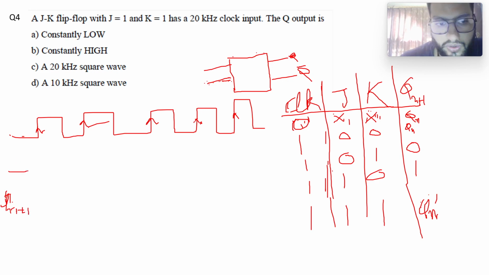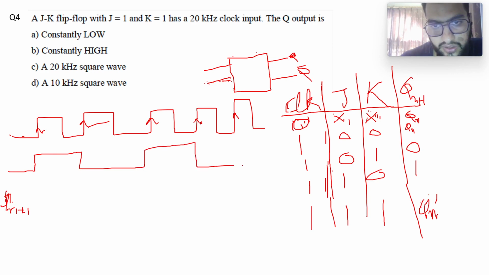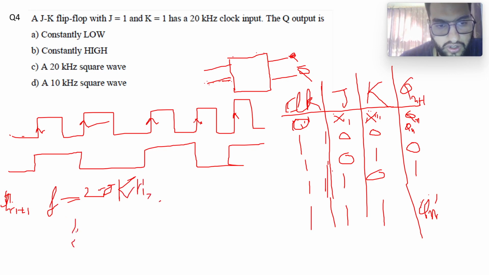Let's say it was 0 here. So at this triggering, it will be Qn bar. Then again at the positive edge trigger, it will be Qn bar. Similarly, all of this. So if f was equal to 20 kilohertz, f dash, that is the output clock frequency, will be equal to f by 2.